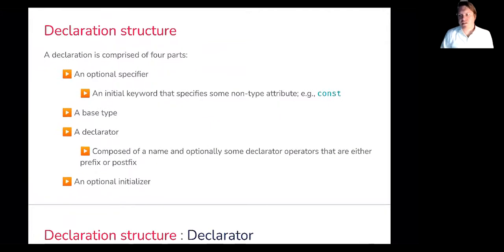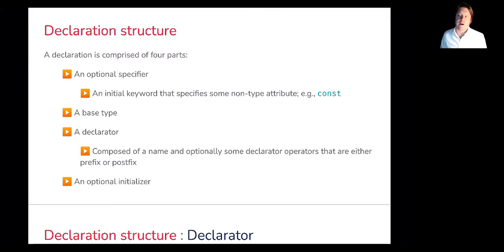So let's decompose the actual underlying structure of a declaration. A declaration is going to be composed of 4 different parts. There's an optional specifier, which could be an initial keyword that specifies some non-type attribute of the object being introduced. Const is going to be one of those non-type attributes that we'll expand upon a little bit here.